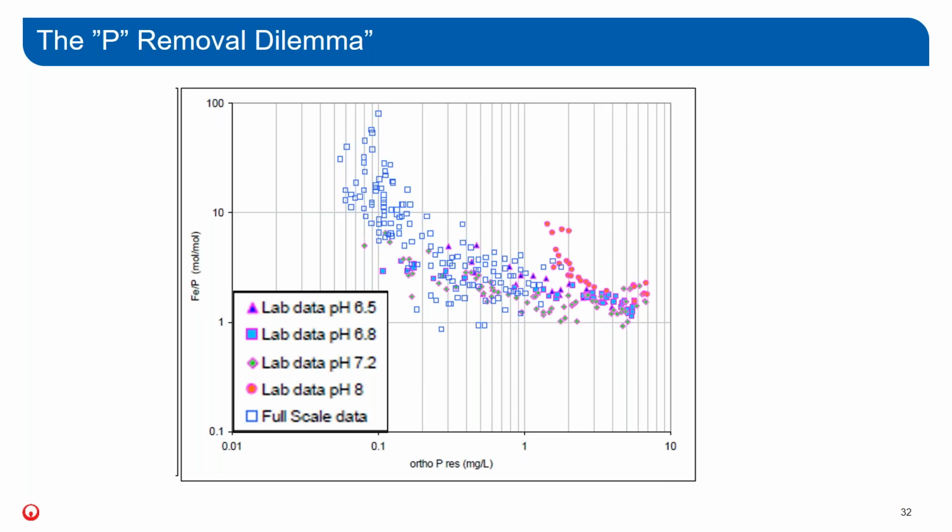So by the time you need to get down to 0.1, your molar ratios could easily hit 100 moles of iron per mole of phosphorus. So this is an excellent thing to ponder when you think about phosphorus removal. In the case of 30 milligrams per liter, we would always recommend roughing out approximately 10 to 15 to 20 milligrams per liter using BioP, and then staging your phosphorus removal, which is what I'll be talking about next.